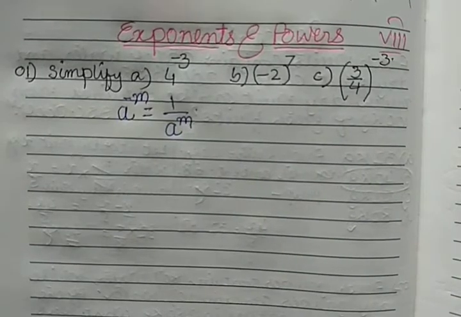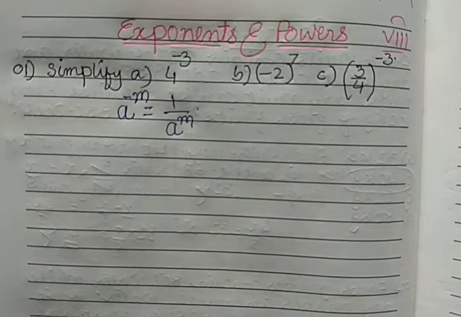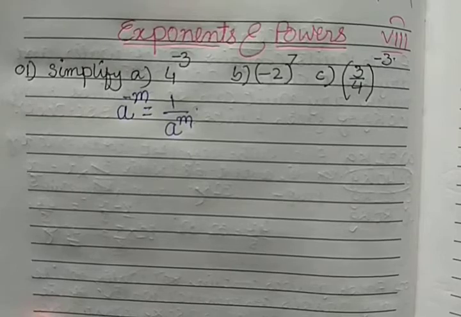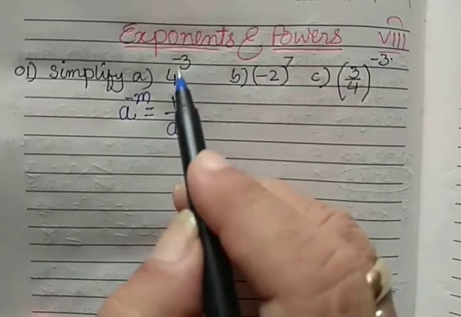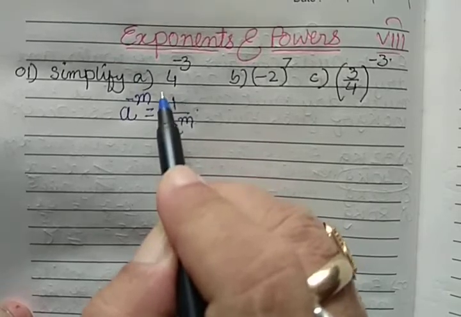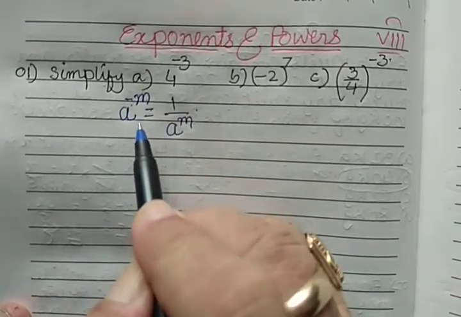So now your given first sum is in the form of a to the power of minus m.